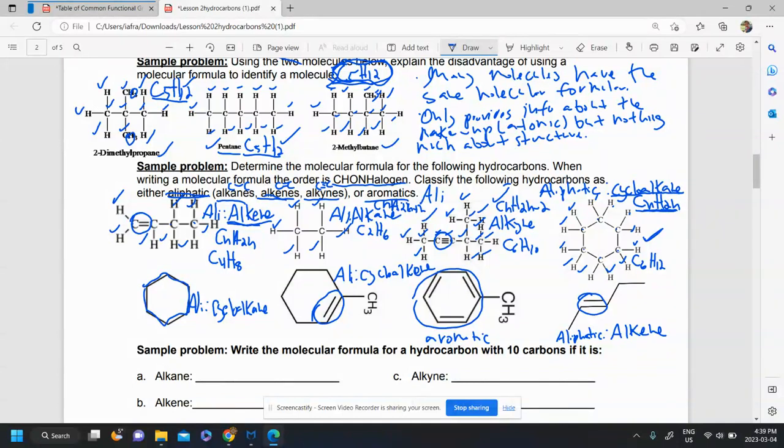Now, this one here is a bit trickier. So you'll notice that it's a ring structure and it's an alkane, a cycloalkane. And if you just counted these as carbons, you wouldn't know how many hydrogens there are. The hydrogens are not drawn in when it comes to the bond line diagram, as you learned in the tutorial. So remember, carbon can have a maximum of 4 lines connected to it.